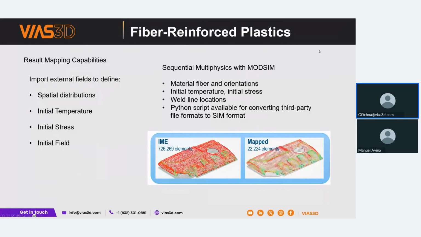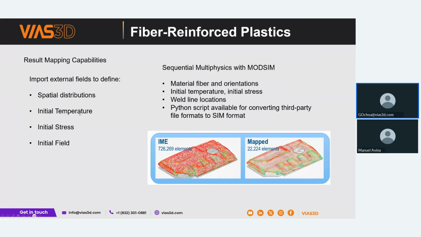Now, talking about some mapping capabilities. Either in the traditional Abaqus workflow or using the MODSIM approach, users can map spatial distributions. That's what we discussed previously, which is the fiber orientation. But we can also define an initial temperature.